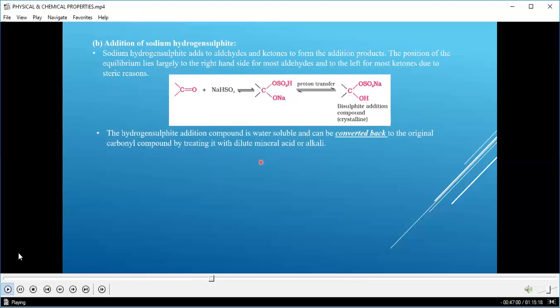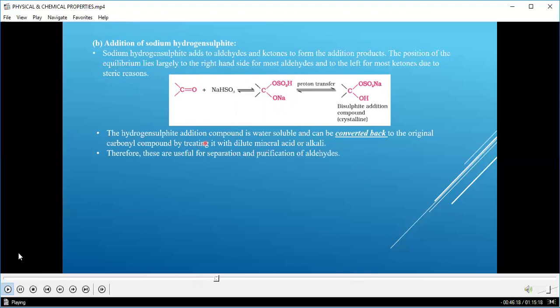So, a quick recap. The bisulfite addition compound is water soluble and can be converted back to the original carbonyl compound by treating with dilute mineral acid or alkali. What are mineral acids? Mineral acids means inorganic acids such as HCl, and alkali means soluble bases, that is sodium hydroxide, potassium hydroxide.